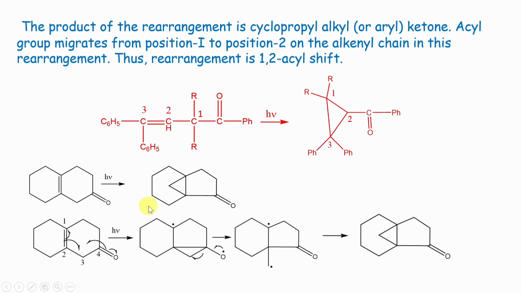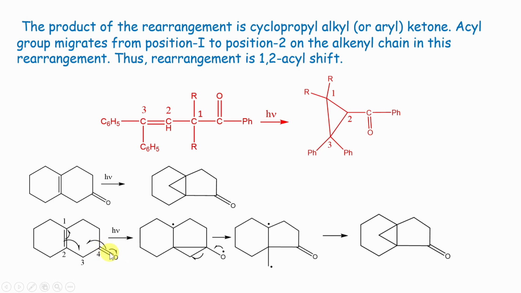You can see the mechanism. See, it is a beta-gamma unsaturated ketone, this molecule. First of all, see, homolysis of this carbon-carbon bond takes place, and thereby this carbon becomes a radical and this also becomes a radical.